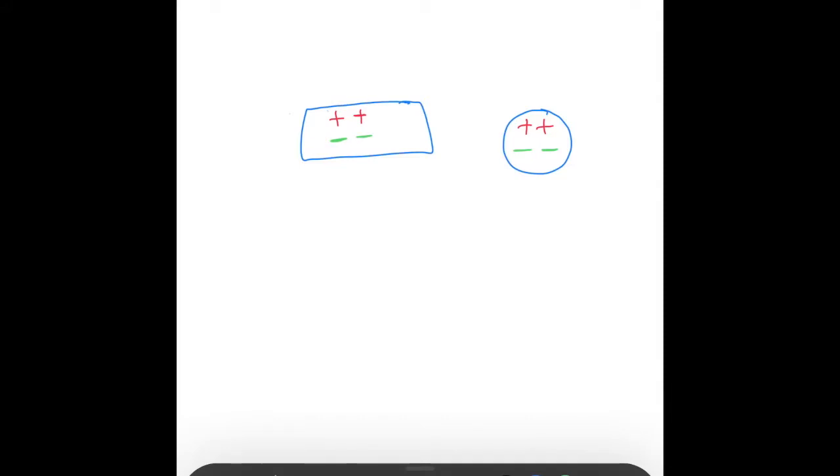Now, these 2 objects are neutral. Why are these objects neutral? Because when we find the quantity for positive and negative, we are going to find if they are positive, negative, or neutral.